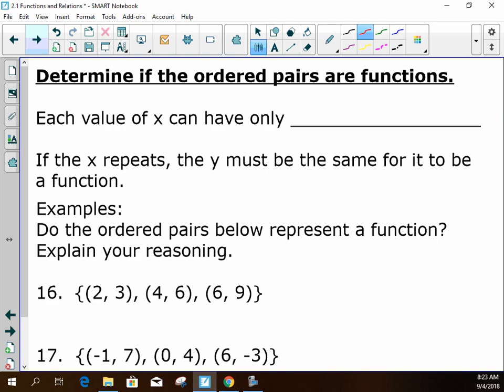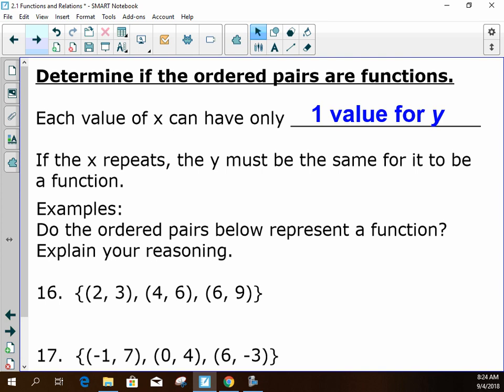Each x value can have only one value for y. If the x repeats, the y must be the same for it to be a function. That's important because they're going to try to trick you. If the x values repeat, the y values for that x have to be the same.